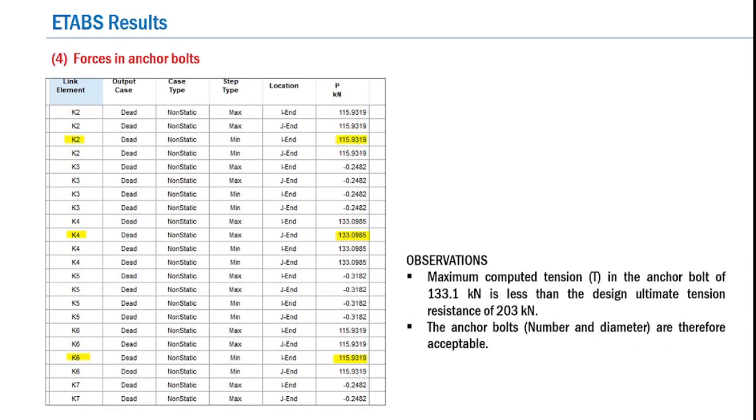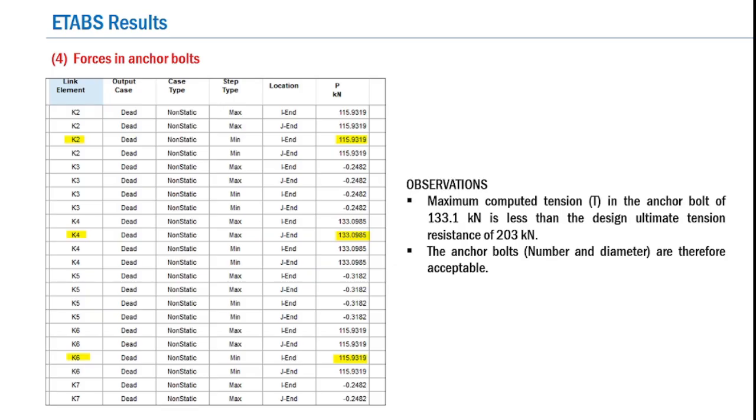Now, most importantly, let me also take you to the distribution of the forces in anchor bolts. So here are shown 3 bolts. As you know, each of these link elements representing the bolt is also provided with a unique name, and the bolts with link names K2, K4 and K6 are under tension, which is obviously on the tension side of the column.